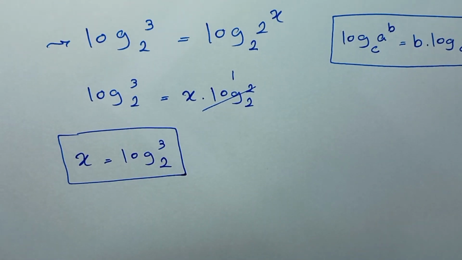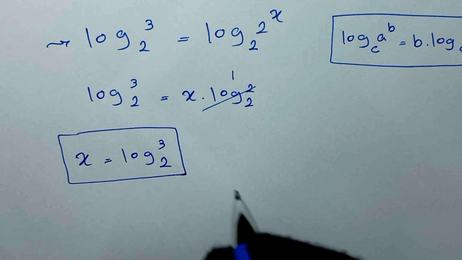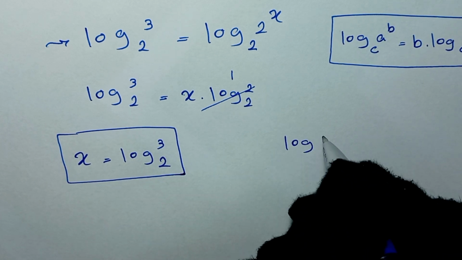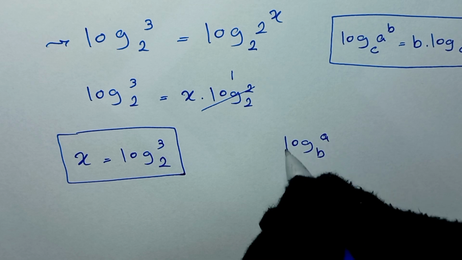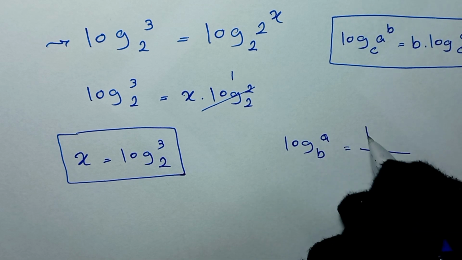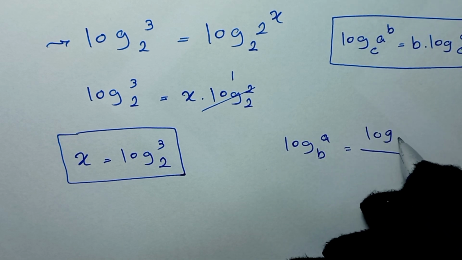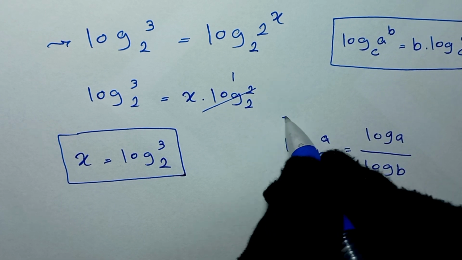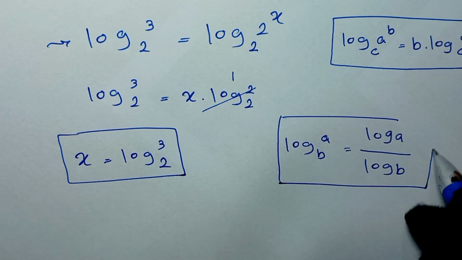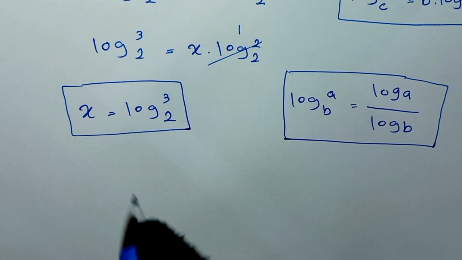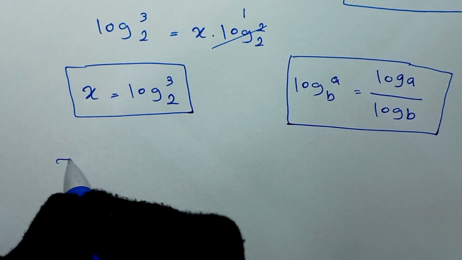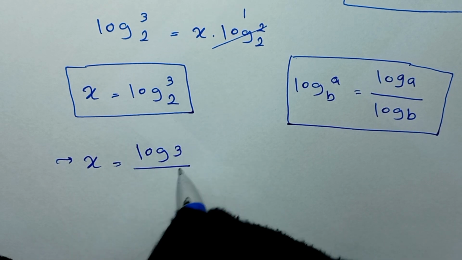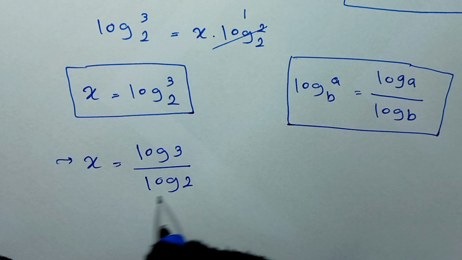And to find the value of x, from the logarithm rule, if we have log of a to base b, this is equal to log of a over log of b. So in here, we can write this x is equal to log of 3 over log of 2.